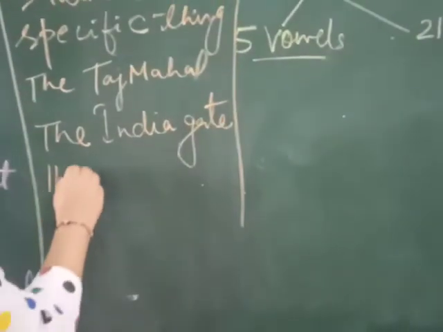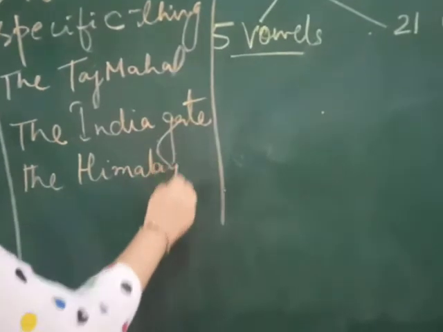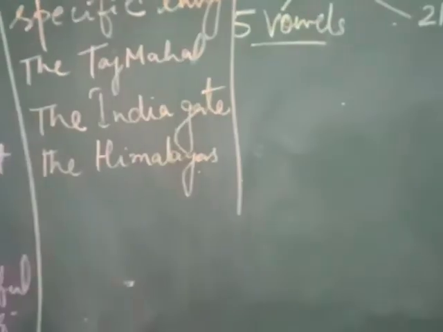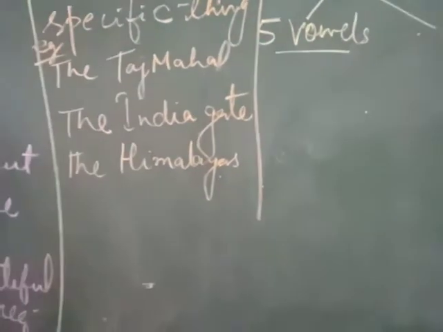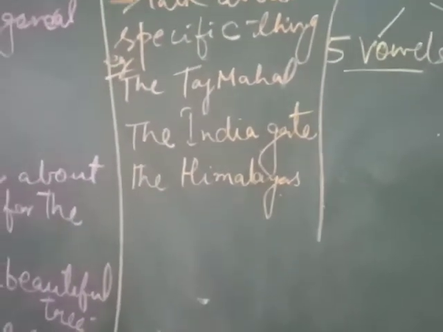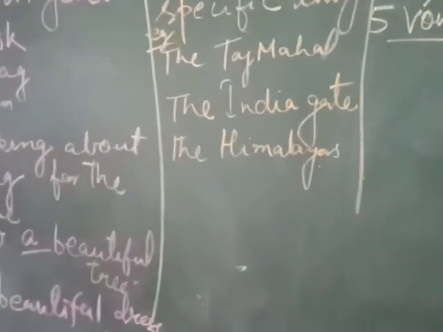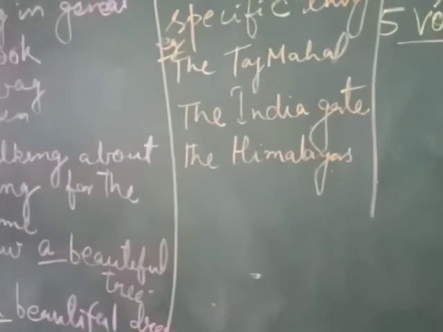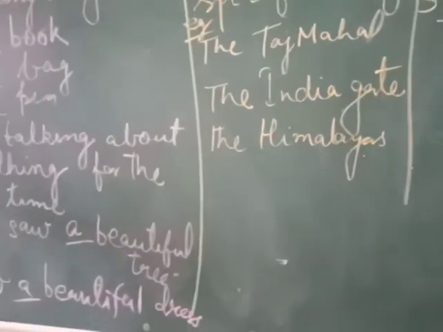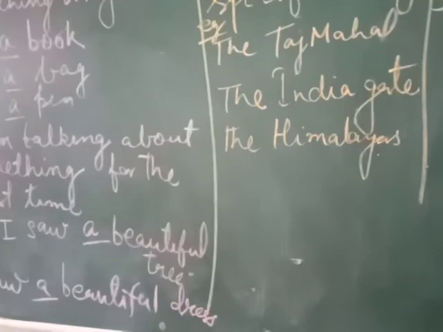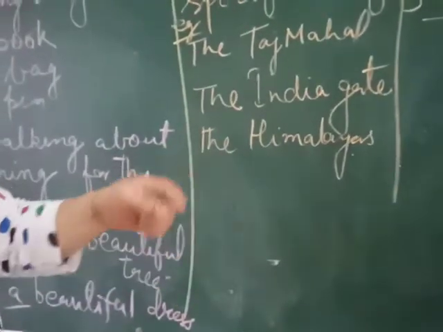The Himalayas, and etc. So many. These are all the examples where we write the. Means when we are talking about a specific thing. So, got it? The second is, यहाँ हमने कहा था in A में when we are talking about something for the first time. The में है when we are talking about something for the second time.